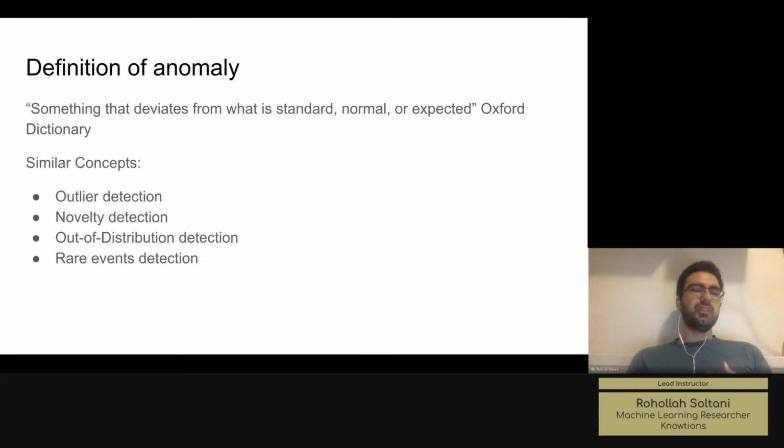Here we are trying to see what an anomaly is, how we can find them, what the applications for them are, and why we should care about them.